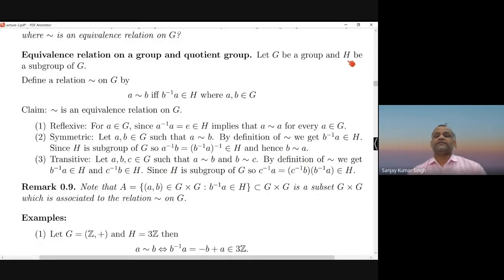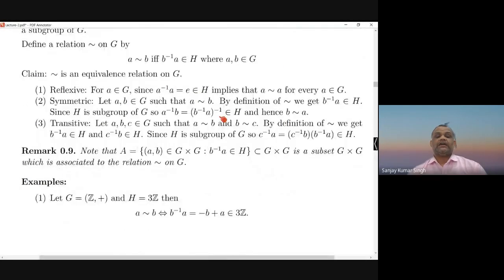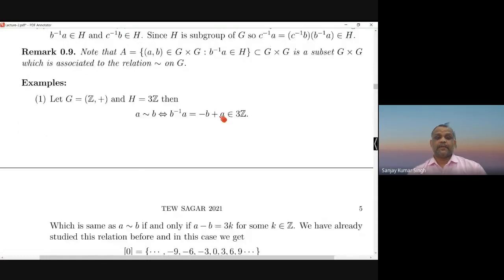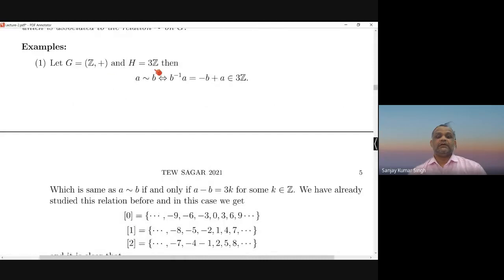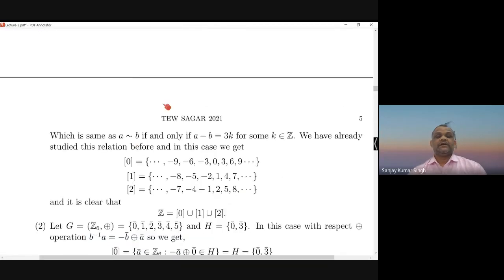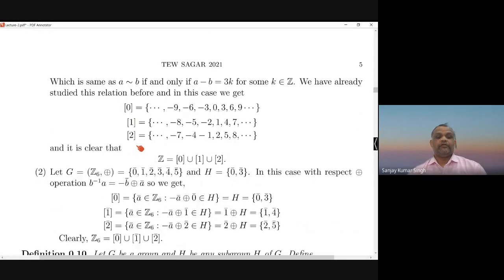So whenever I have a subgroup H in G, I can define at least one relation, which is an equivalence relation. Again, you can check that this equivalence relation on Z when H is equal to 3Z is the same as what you have defined before.